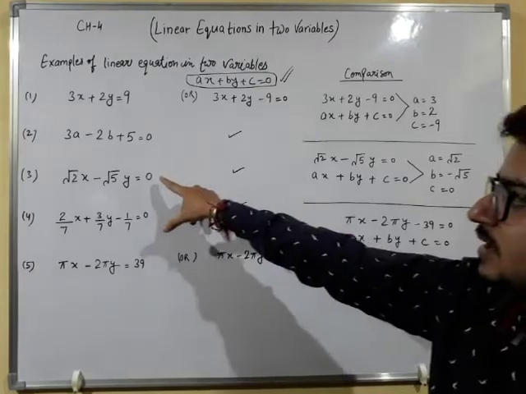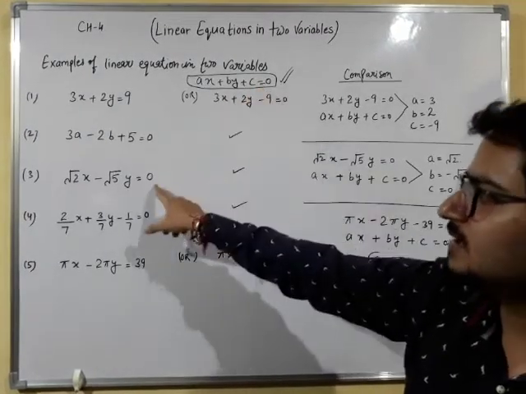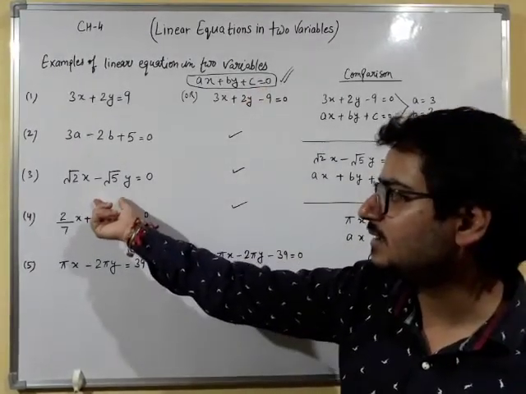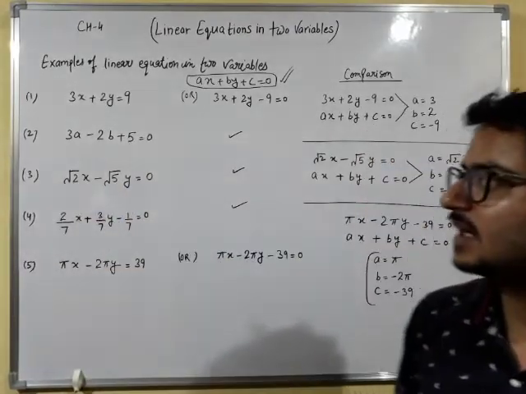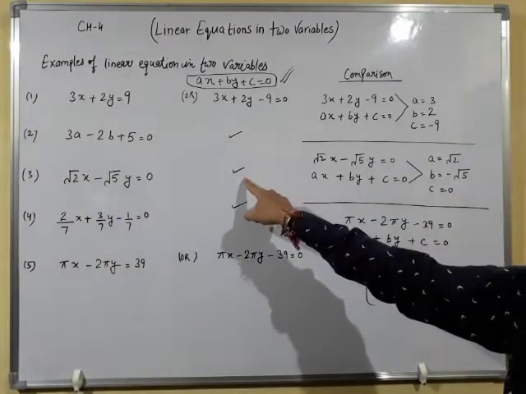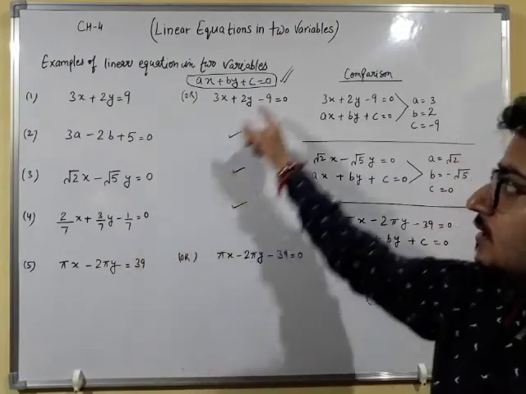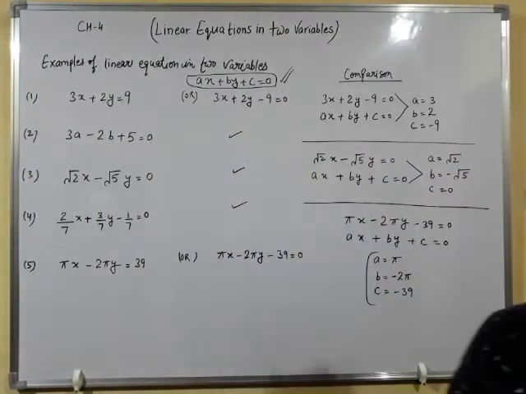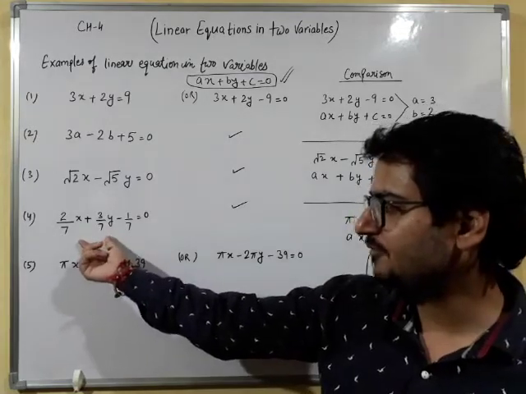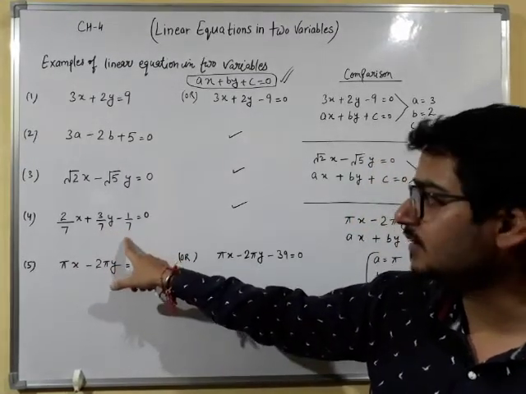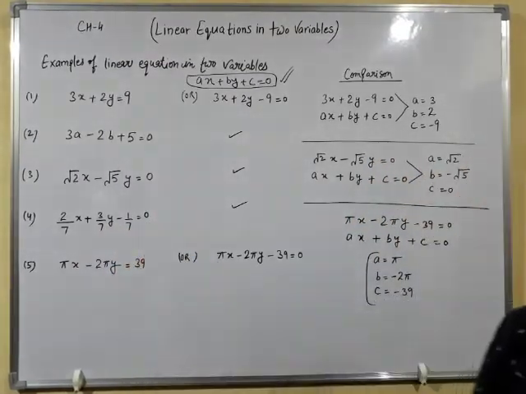So here we have 0 at the right hand side and the variable part is at the left hand side, so it is in standard form. Equation number 4 is also written in standard form because we have both variables on the left hand side, then we have the constant term and equals to 0.